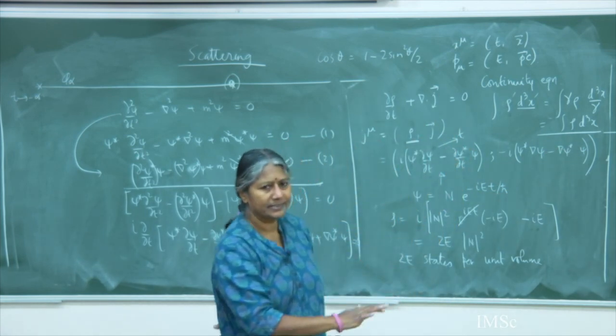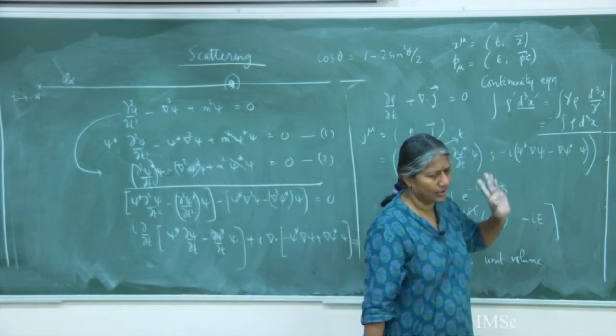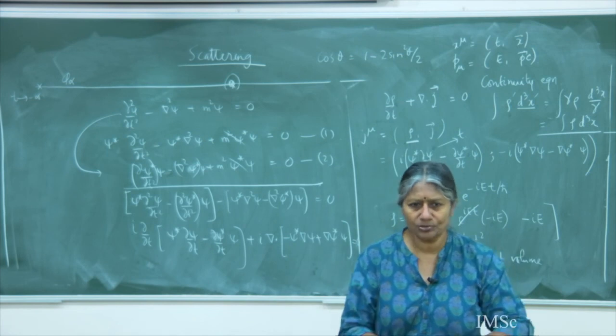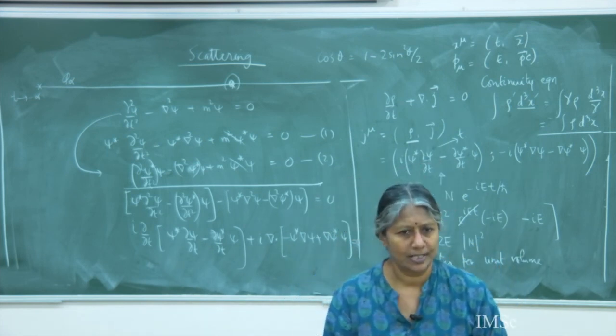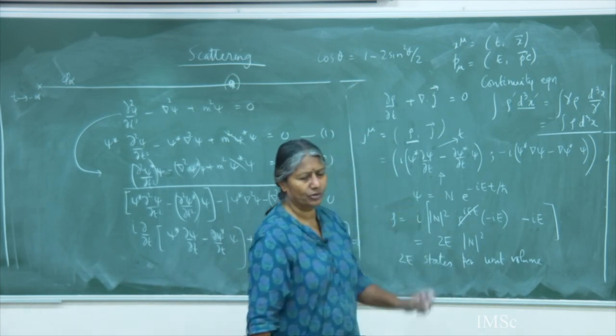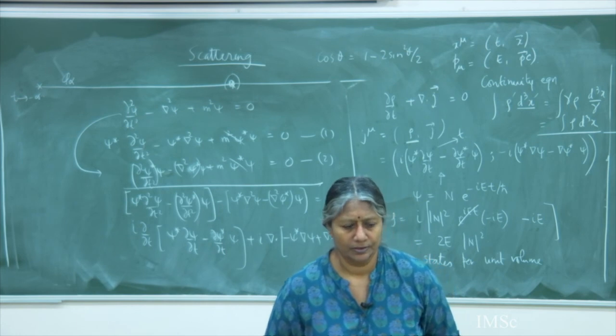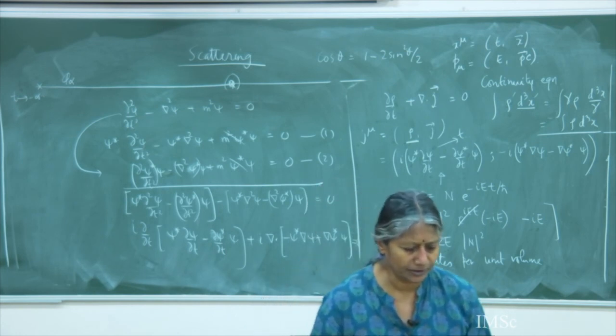So the integral of my density d cubed x is a conserved quantity in time, and so I have nice behavior. And I have a nice physical interpretation of this quantity, provided that it transforms like the time component of a vector. Okay? Yes, sir. Okay, then I'll stop here. I'll continue in the next class.